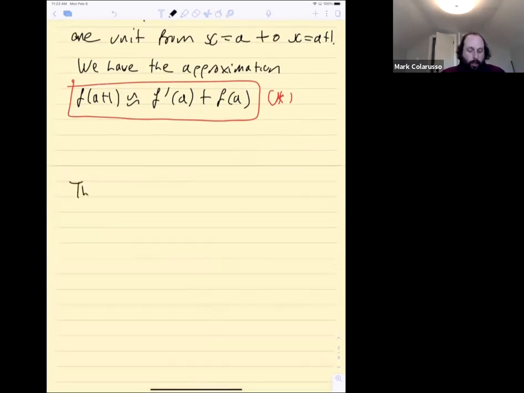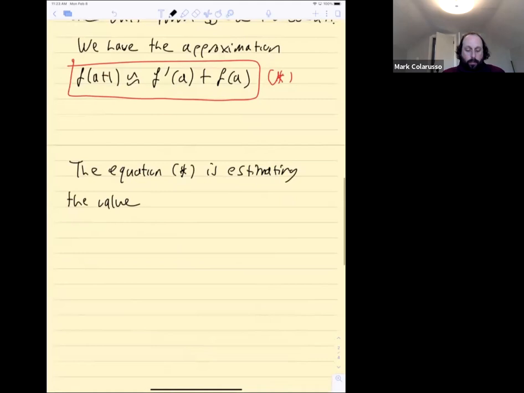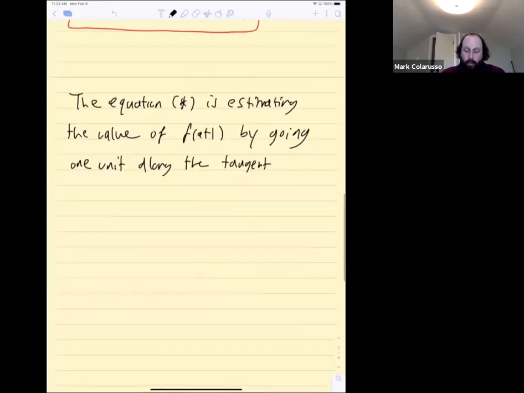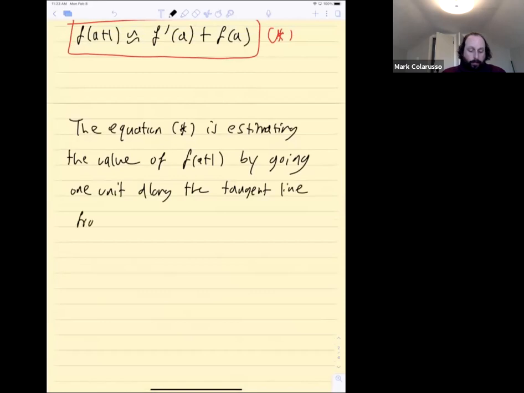So the equation star, what is this doing geometrically? It's estimating the value of f of a plus 1 by going 1 unit along the tangent line from x equals a to x equals a plus 1.